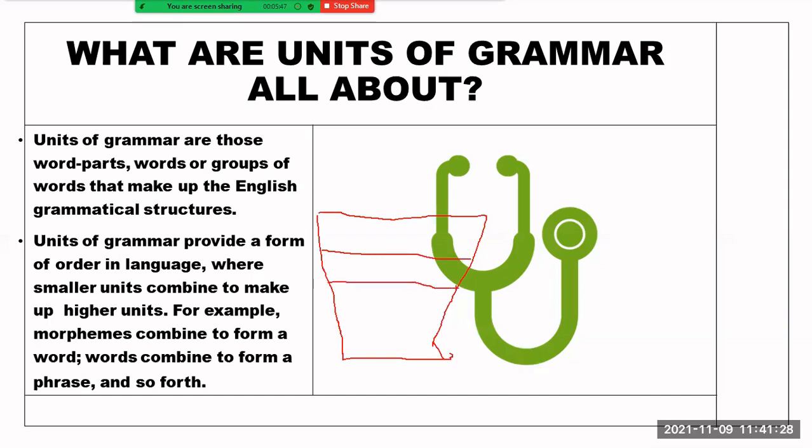So on top, we have the sentence, followed by the clause, followed by the phrase, then followed by the word, and then followed by the morpheme. Of course, we are going to see this, but just to give you a picture of what we mean by units of grammar, all right?